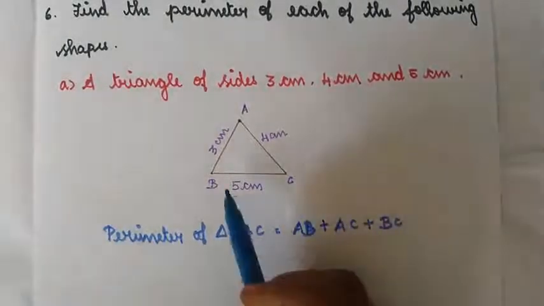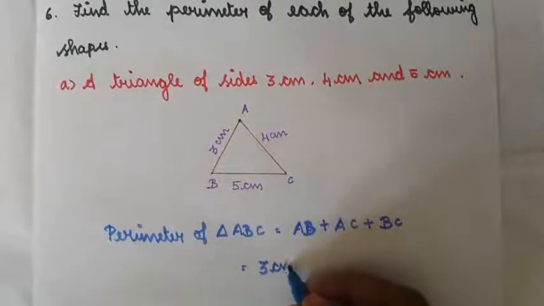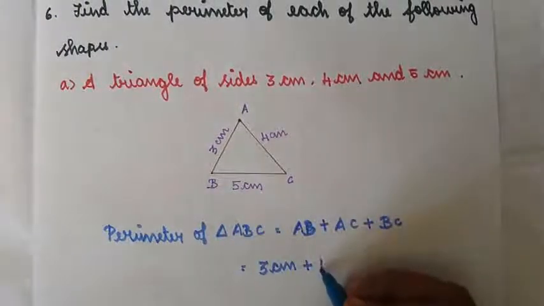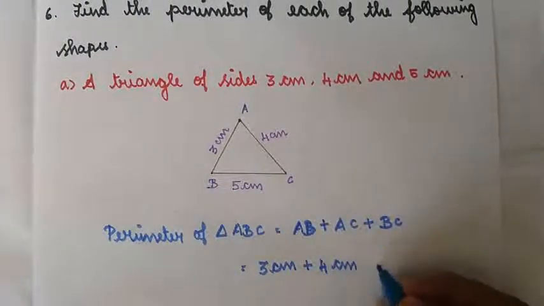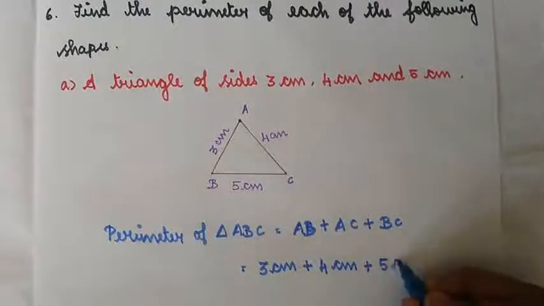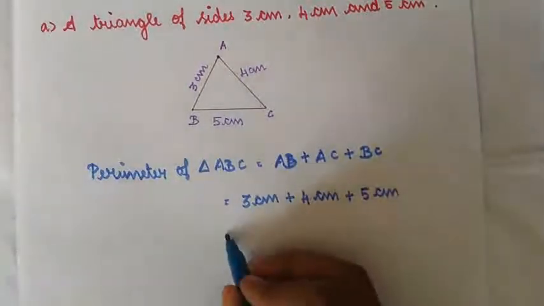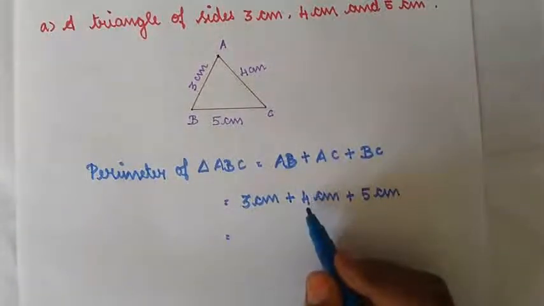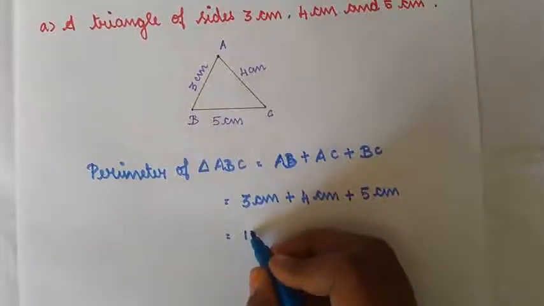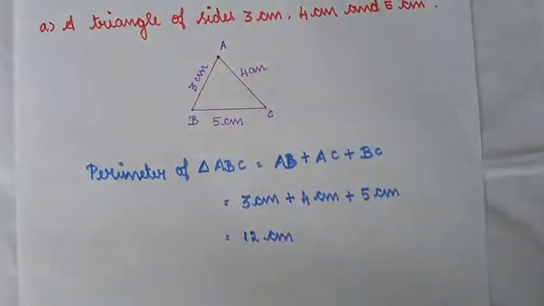So the length of side AB equal to 3 centimeter and length of side AC equal to 4 centimeter plus BC equal to 5 centimeter. Then we have to add these 3 sides. We get the answer: 4 plus 3 means 7, 7 plus 5 means 12 centimeter.